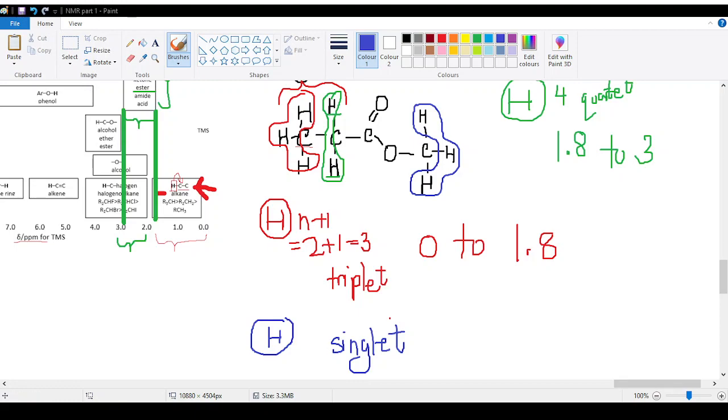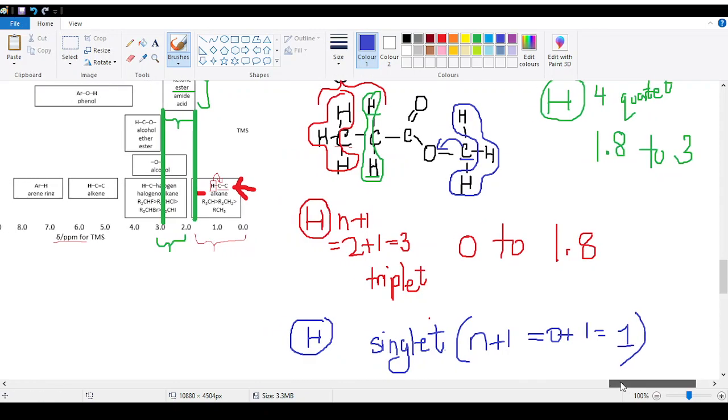Sorry, it will be 1, because n plus 1 will be 1, and n has to be 0 here. Here, n plus 1 equals 0 plus 1. Because the blue colored hydrogens do not have any direct neighbor; this carbon has no neighboring hydrogen. So n is 0.